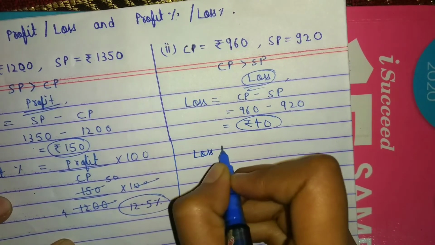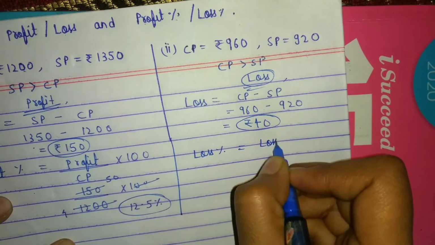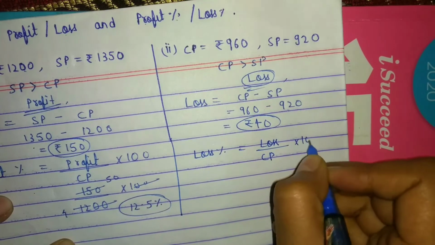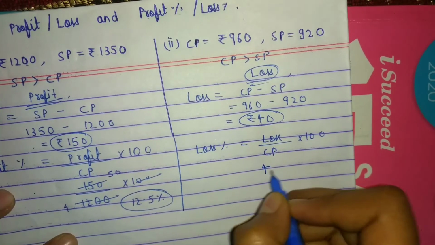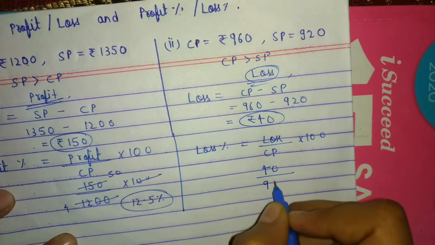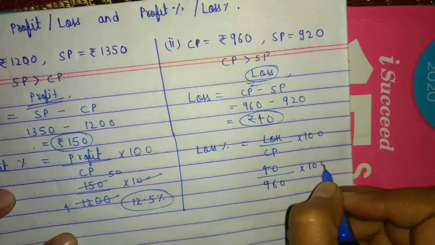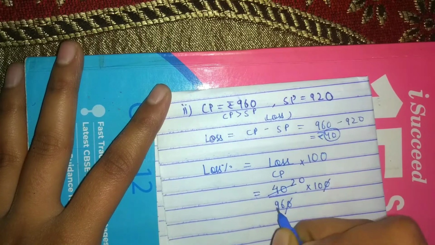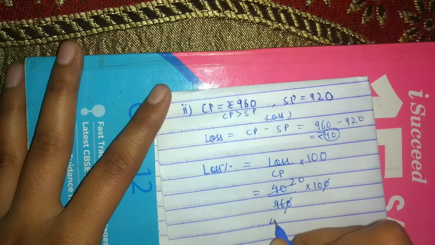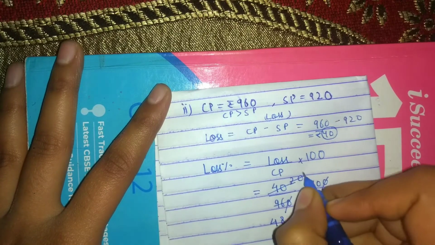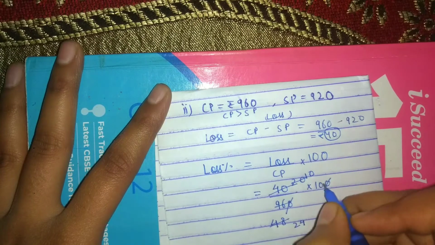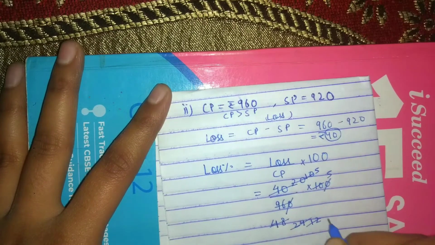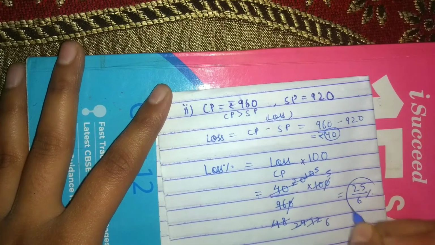Now loss percent is equal to loss by CP into 100. Loss is 40, CP is 960, into 100. Cancelling out, overall it is 25 by 6%.